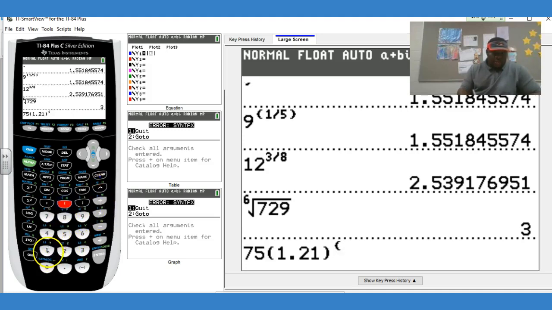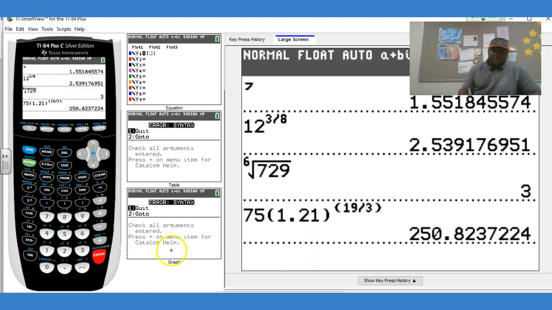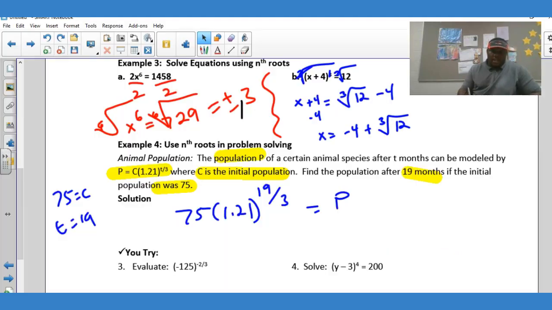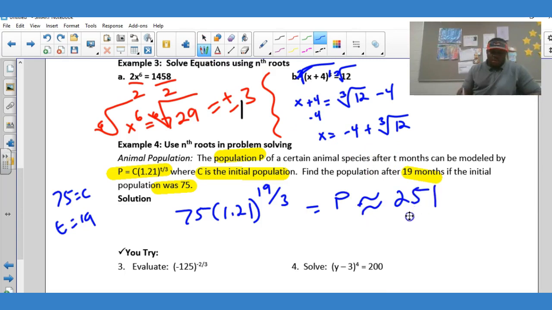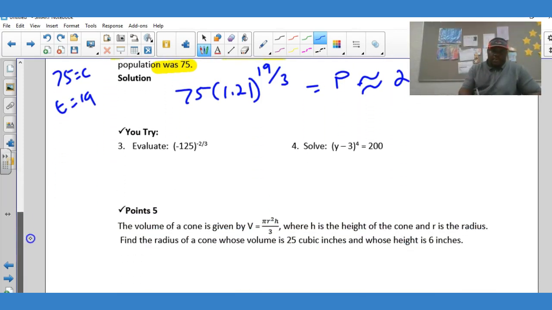I'm going to do this in parentheses just so you guys can see it. 19 divided by 3. Make sure you put this in parentheses. And enter. So 250.8. So we're going to say that the population after 19 months is about 251. We'll say approximately 251 after 19 months. So whatever it started with, 75, after 19 months, that's about 250 of that species, okay?